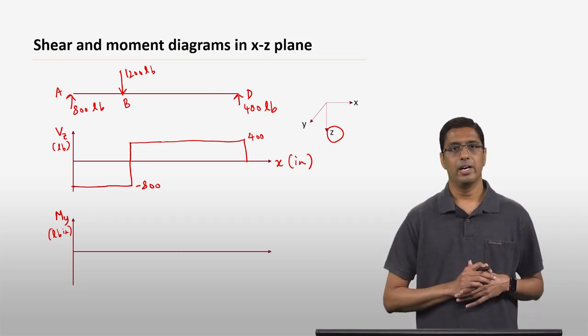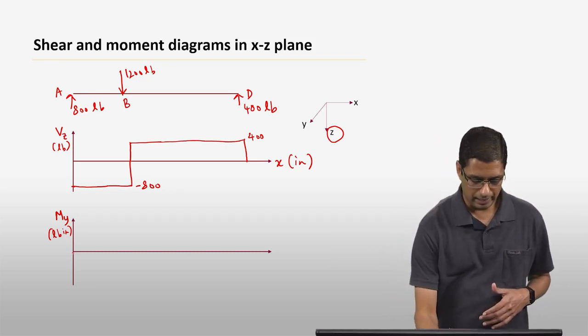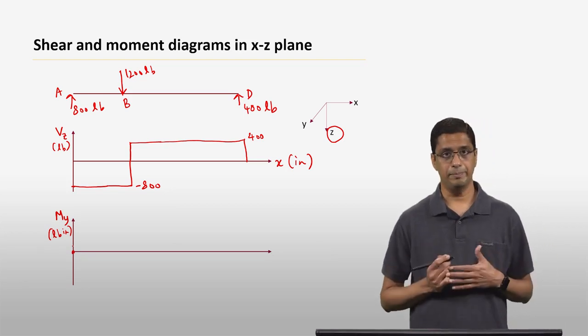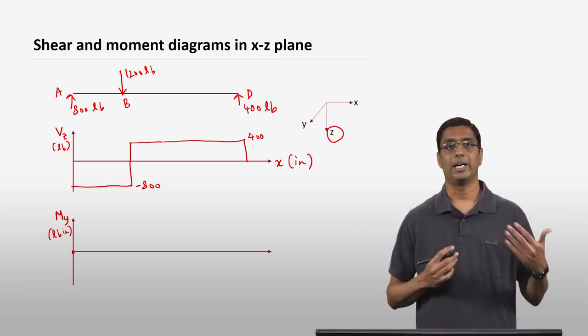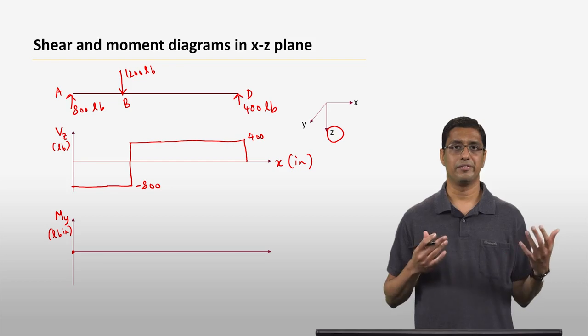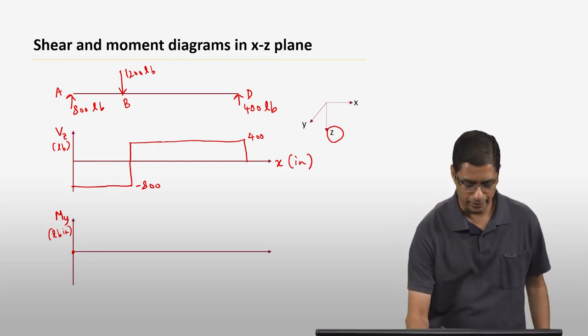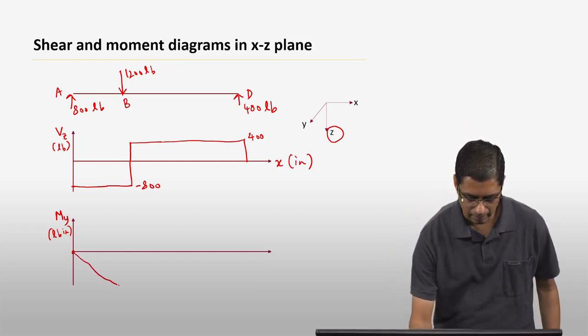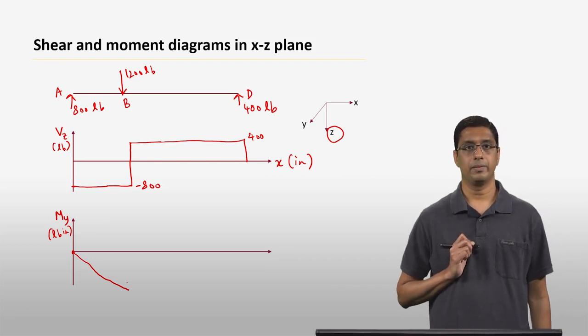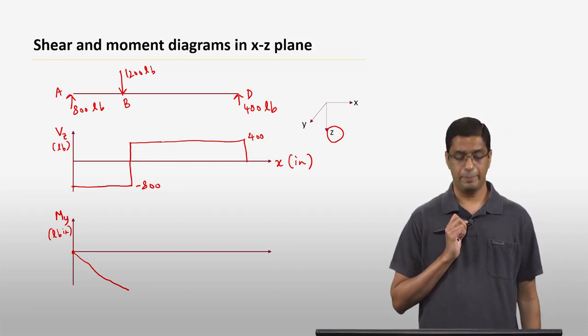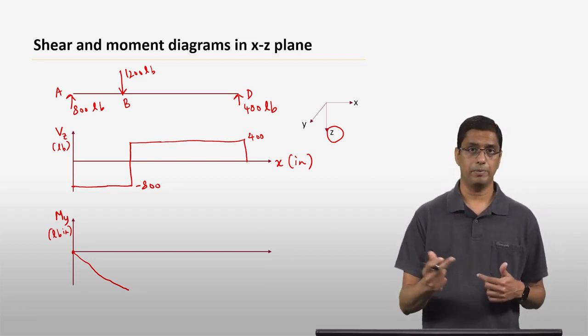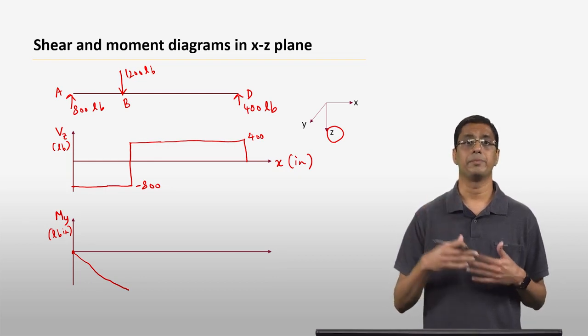In this case, we have 0 moment at point A because it is a simply supported beam. And from that point on, we are going to have a negative slope because VZ is negative. So we're going to go down at the rate of minus 800. Once you get to point B, there's a change in slope of the moment because your VZ now becomes positive.